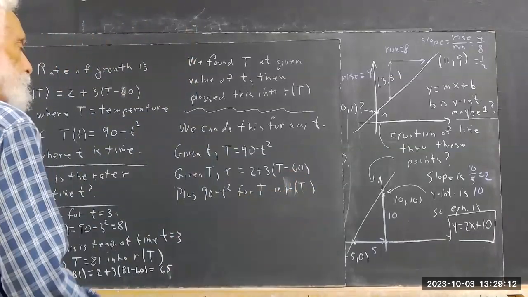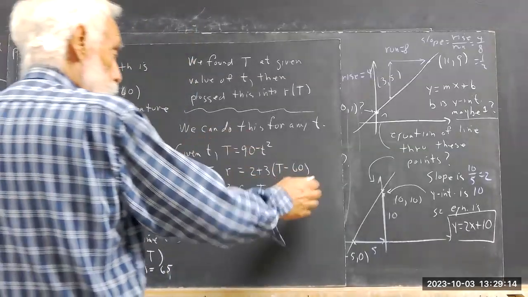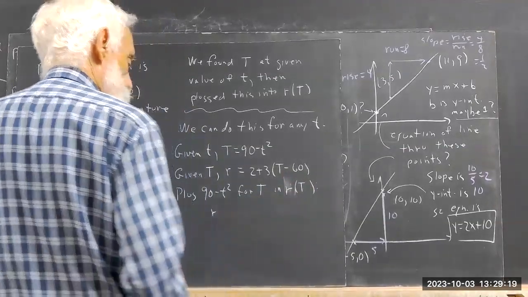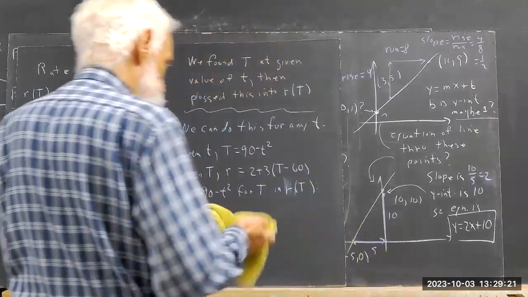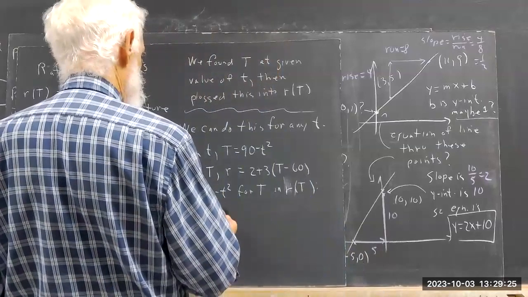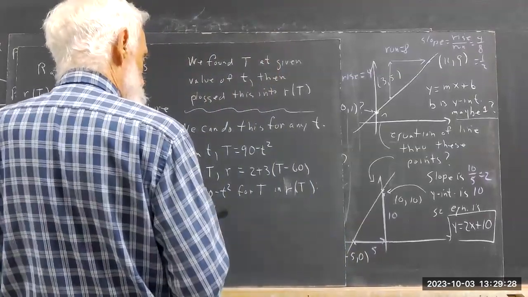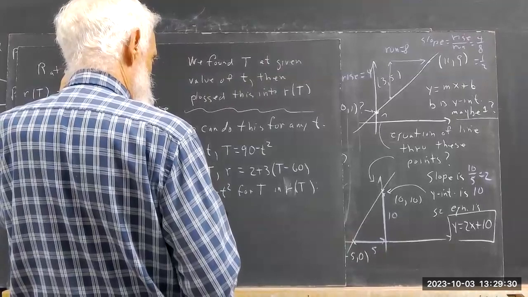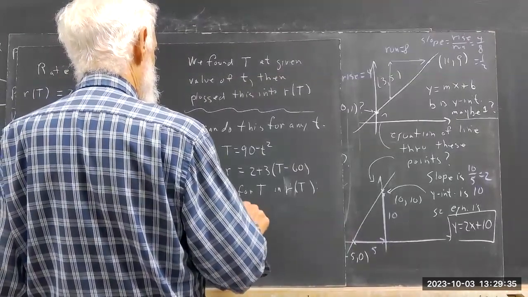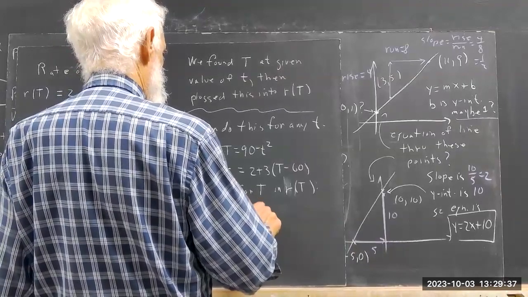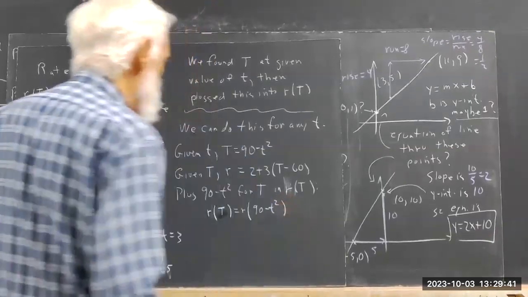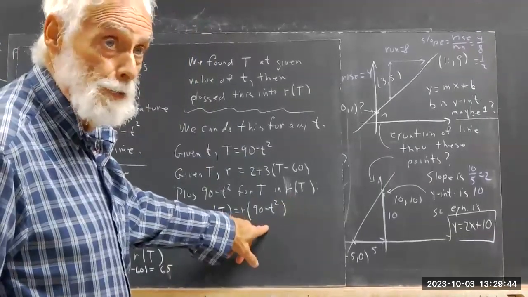We plug 90 minus t squared for T in our R of T function. We get R of big T is R of 90 minus t squared, right?